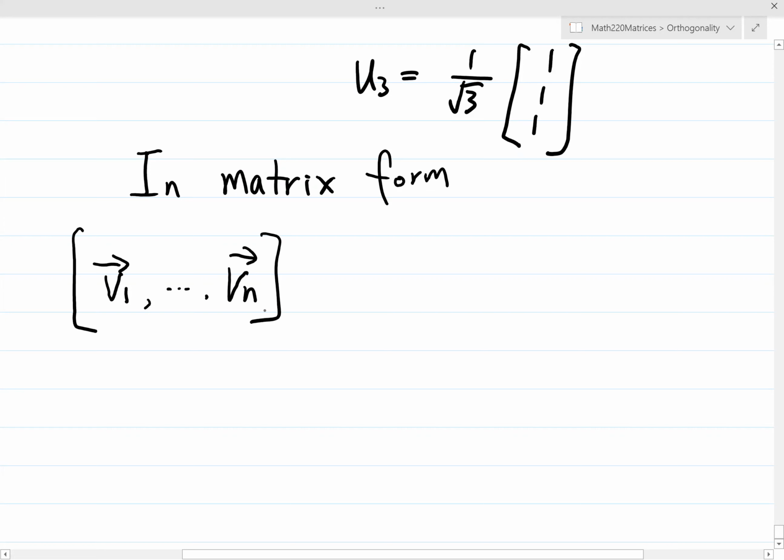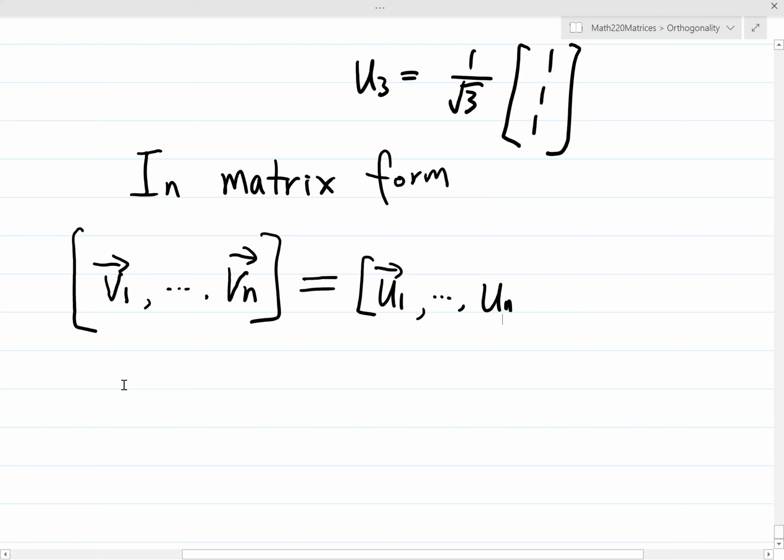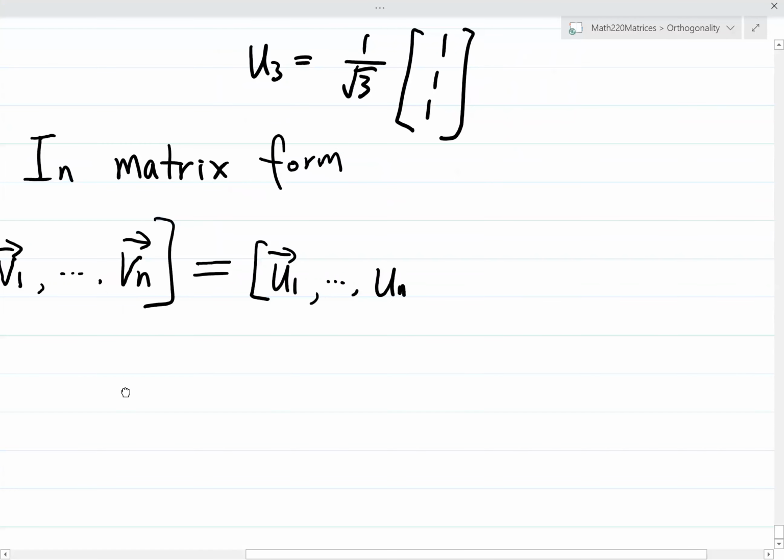This equals U1 through Un, times this matrix.